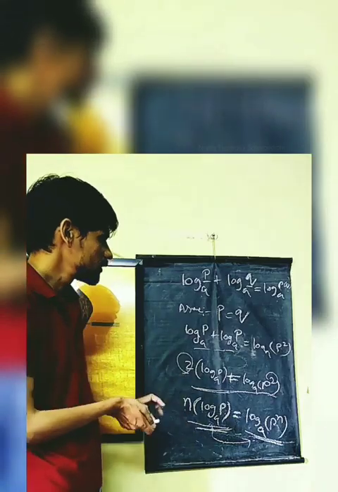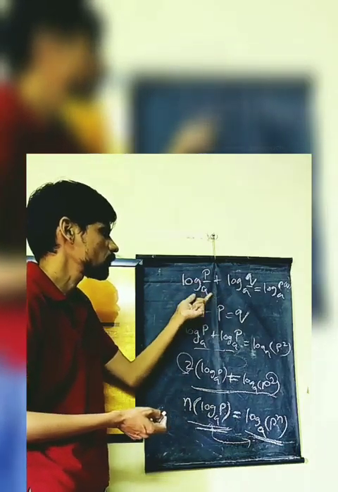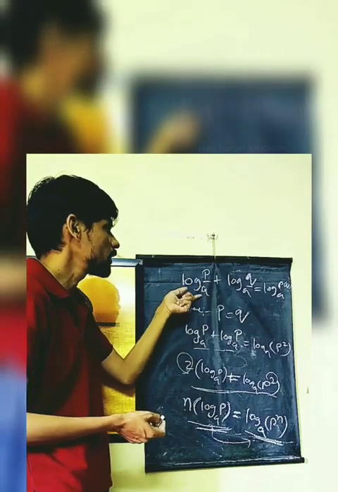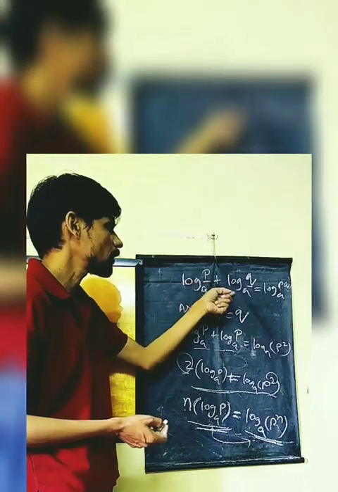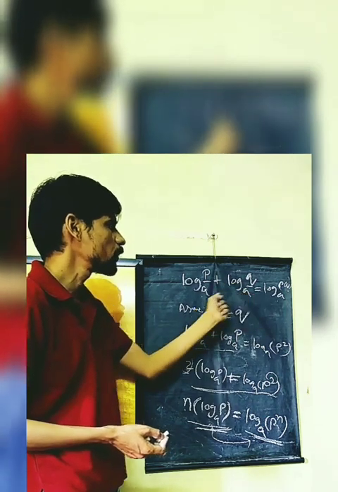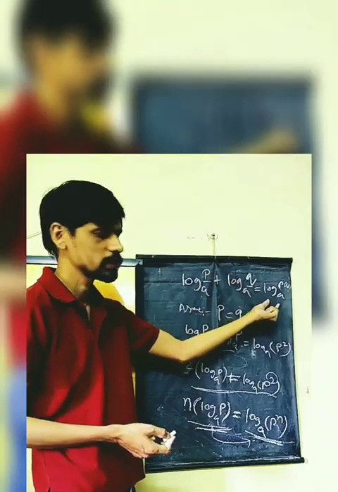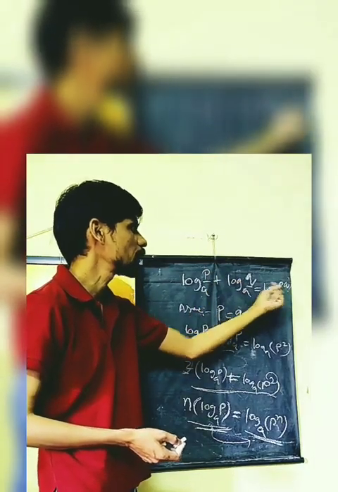Once again I will repeat, I have one function like this, log base a of p plus log base a of q equals, we know this, when we are doing addition, we simply multiply, log base a of p and q.